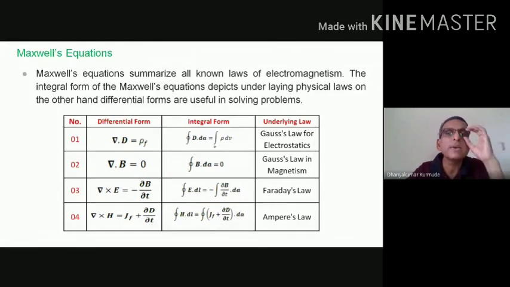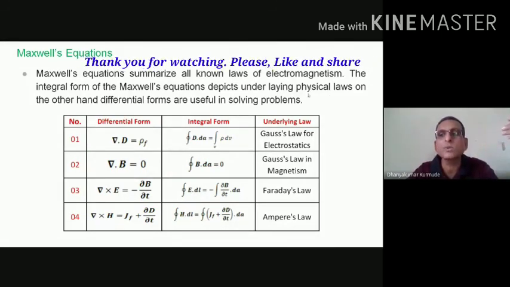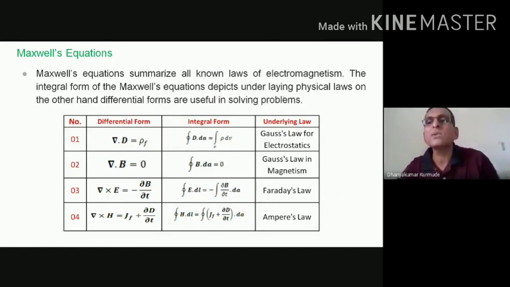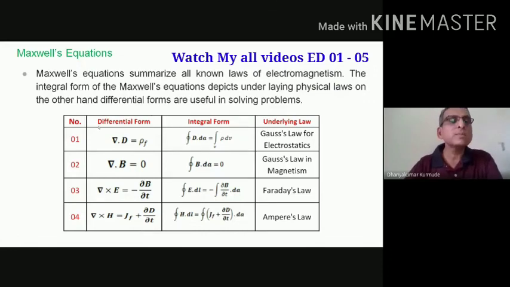Depending upon the nature of the problem, we have to select the differential form or integral form. The integral forms depict the underlying laws, whereas the differential forms of the equations are useful in solving problems.